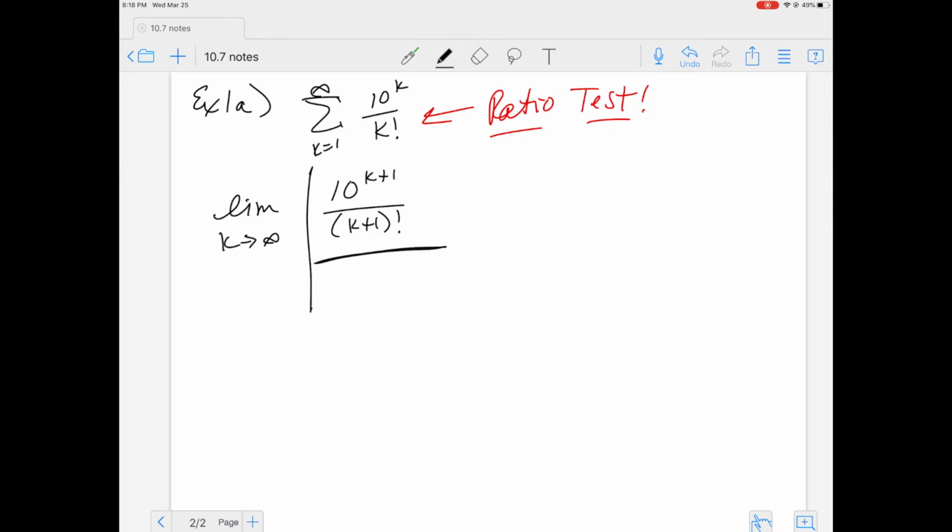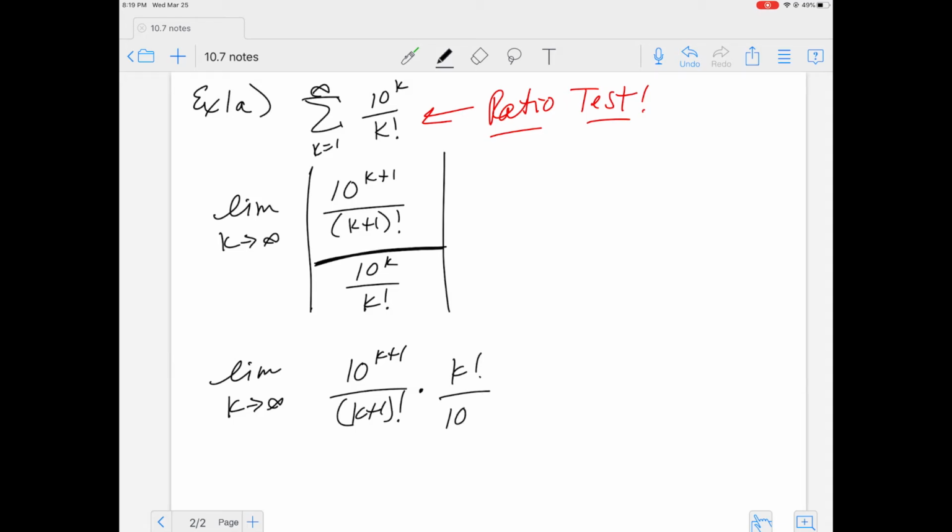And I divide that by my original. Now what happens when you divide fractions? We kind of did the same thing with our limit comparison test. I'm okay with you skipping this step I just wrote down and going directly to this: the limit as k approaches infinity of 10 to the k plus 1 over k plus 1 factorial times k factorial over 10 to the k.